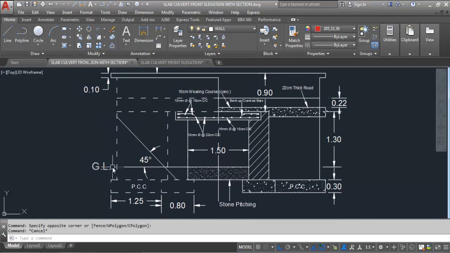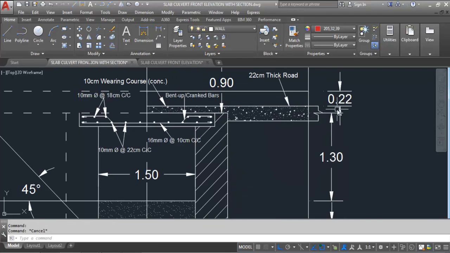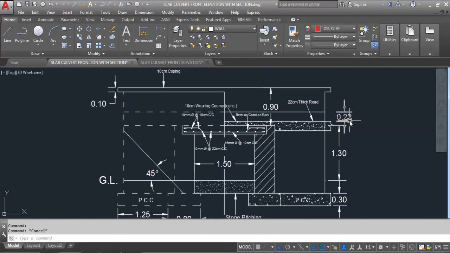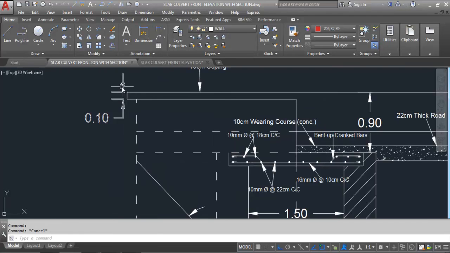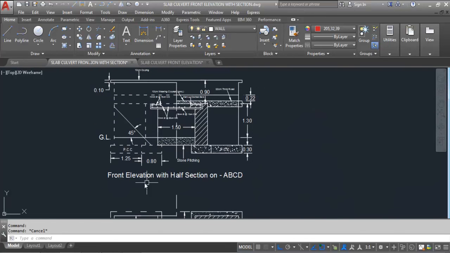Now this is the ground level. Ground level to this distance is 1.3 meter. Now this is 0.22 meter. Now this length is 0.9 meter. This is coping 0.1 meter. So this I have already created.